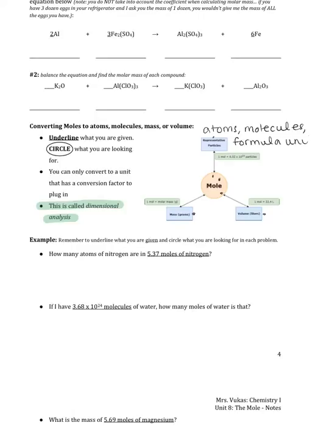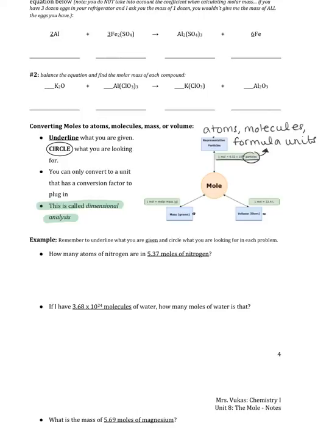Remember that when we're talking about a mole, we're essentially talking about a counting unit. Just like 1 dozen is equal to 12, a mole is equal to 6.02 times 10 to the 23rd particles.